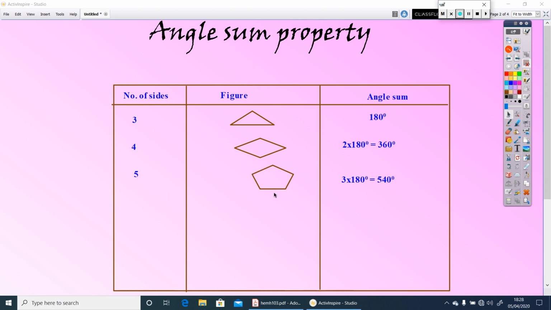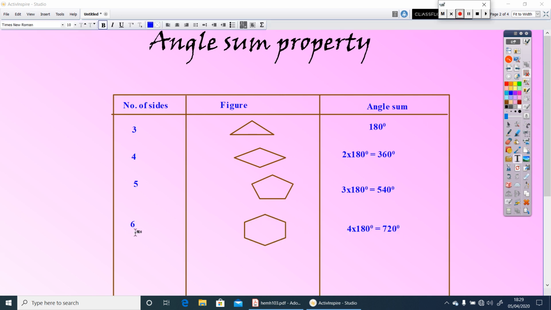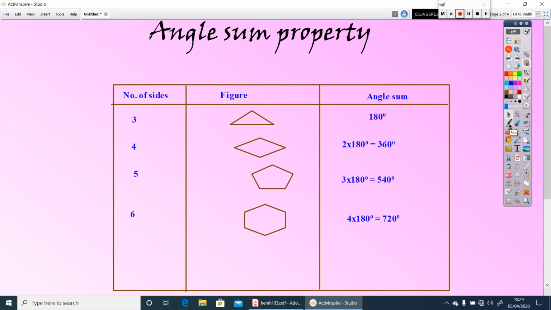If the number of sides is 5, the figure is a pentagon and you can find the angle sum as 3 into 180 degree, it is 540. Now if the number of sides is 6, the figure is a hexagon and you can find the angle sum as 4 into 180 degree, that is 720 degree.